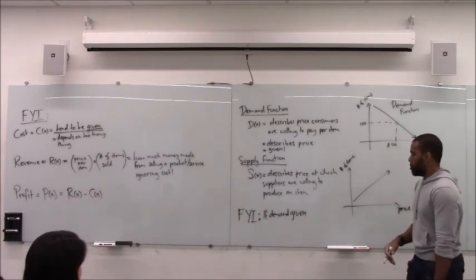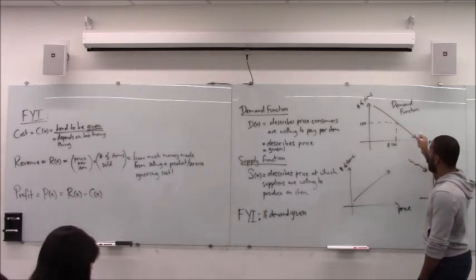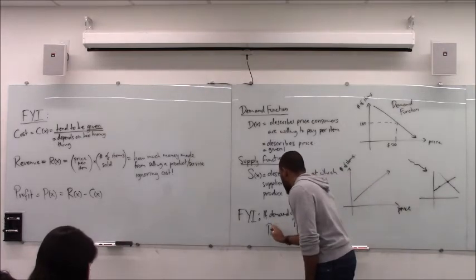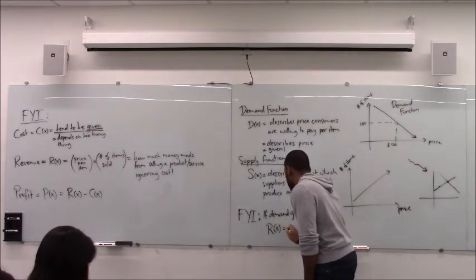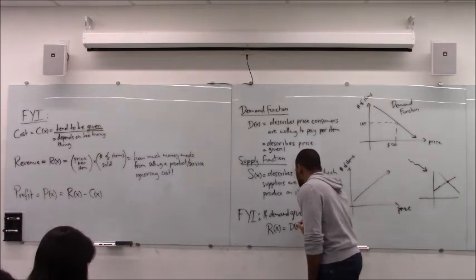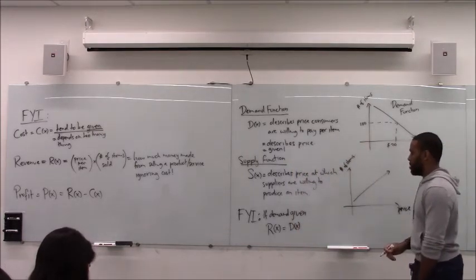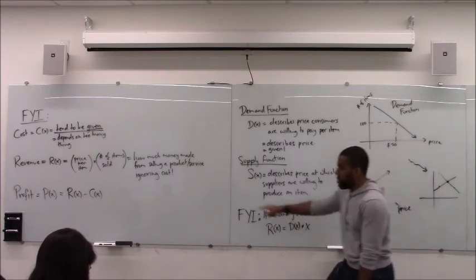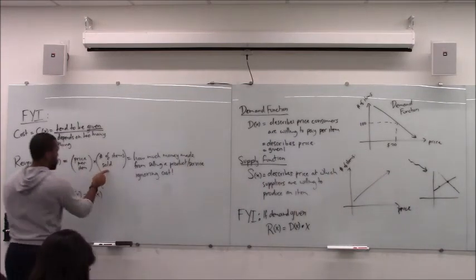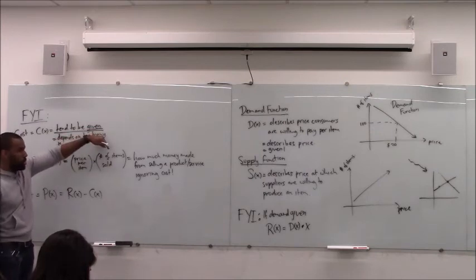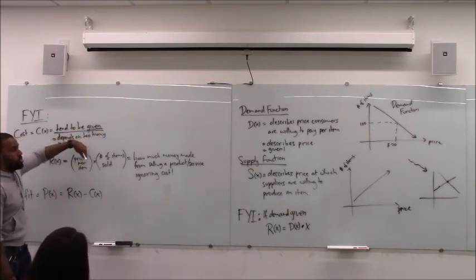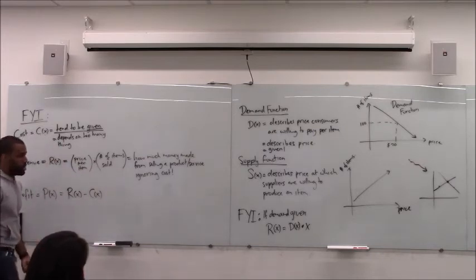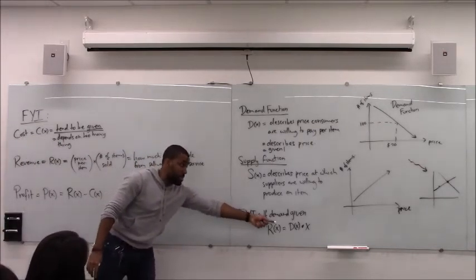But sometimes the problem takes the market into account, in which case you will talk about your revenue in terms of the demand function, the price that we can sell x items at, and then you multiply that by x. It's the same idea: price per item times number of items sold, where x is the number of items sold, but the price is determined by this function. So a more sophisticated way to write a revenue function would be the demand times x.